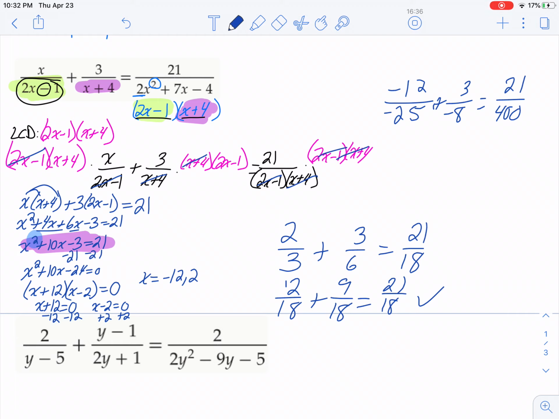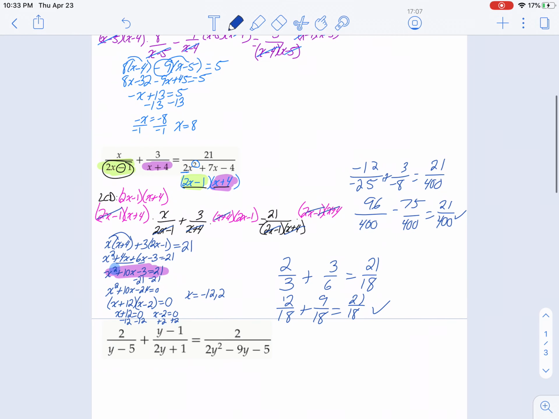So, and so both of them do work. If you have a question on how I got some of that, go ahead and get your common denominators and so forth. But both of them work, so both answers would technically work there.